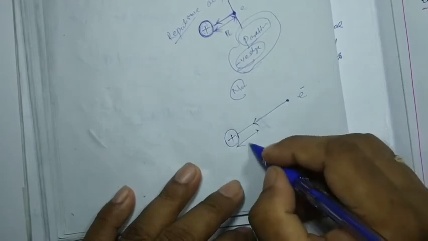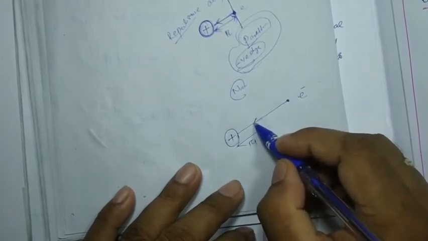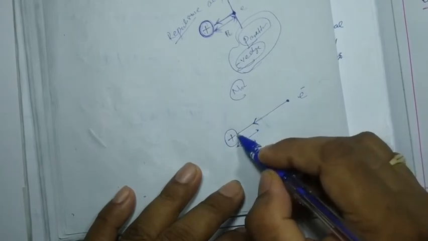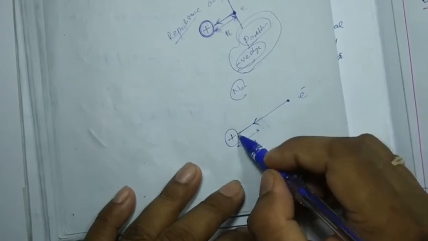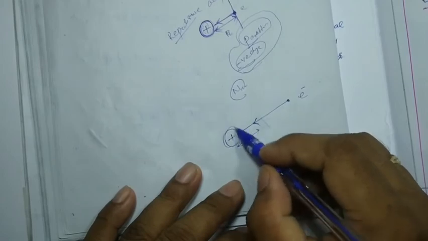That's it. Suppose this is R1. Beyond that, this electron cannot move further, or it would collapse into the nucleus.